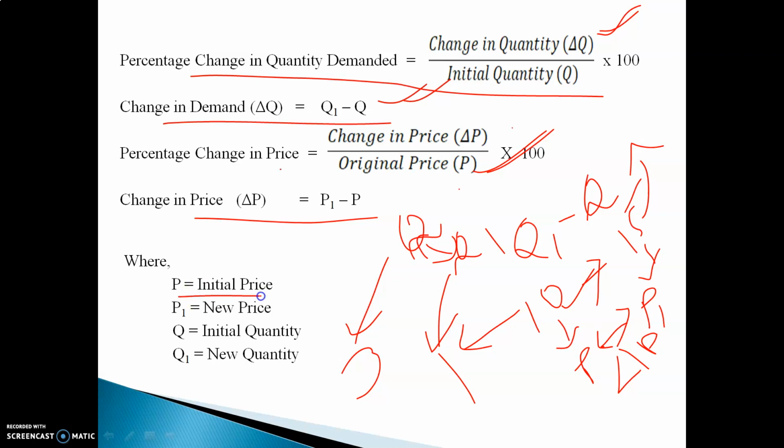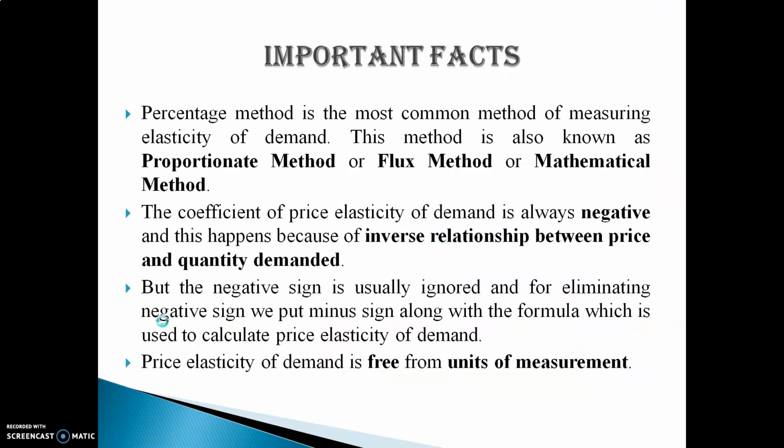P represents the initial price level, P1 is the new price level, Q is the initial quantity, and Q1 is the new quantity demanded after the change in price has taken place. P and Q are associated, and P1 and Q1 are associated. So this is the formula for calculating price elasticity of demand.